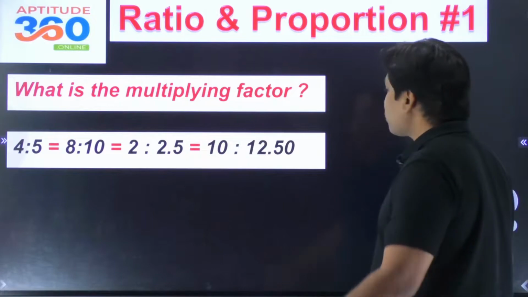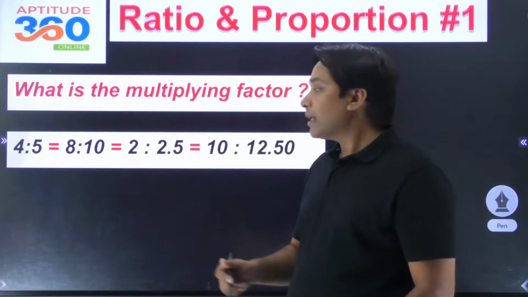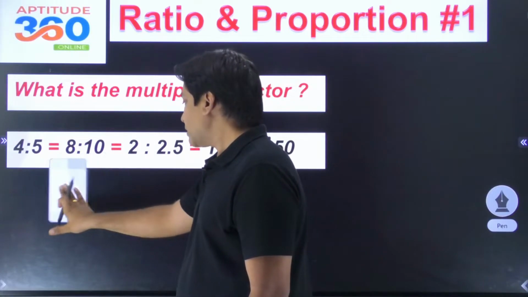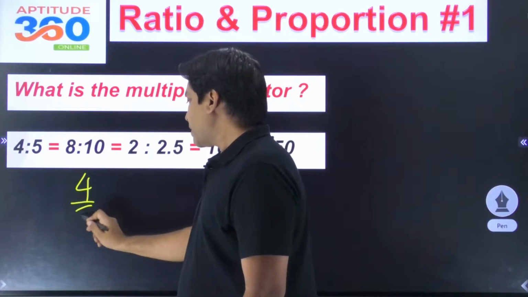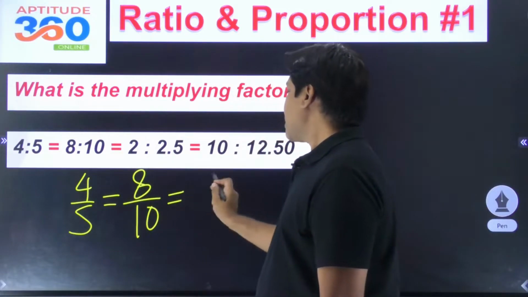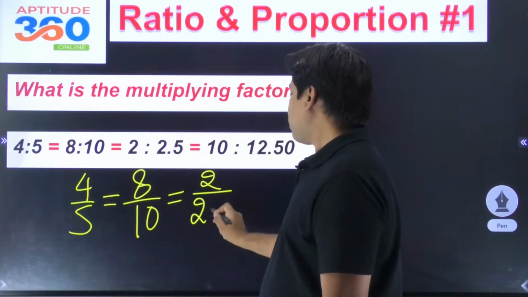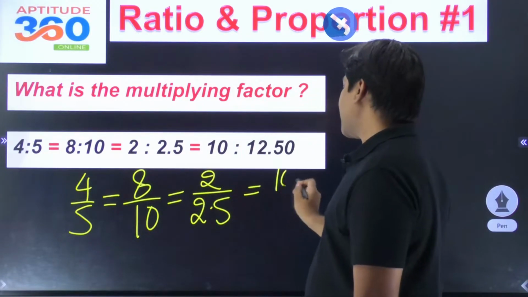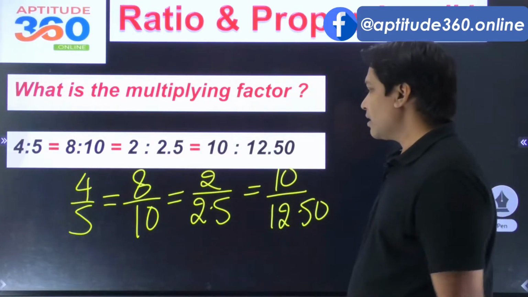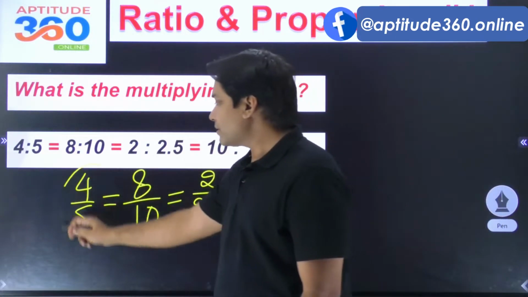Okay, then we were talking about the multiplying factor. Right, if you look at this value here, 4/5 is equal to 8/10 is equal to 2 divided by 2.5 is equal to 10 divided by 12.5. Don't you think that all of them are the same thing and all of them are nothing but 4/5?